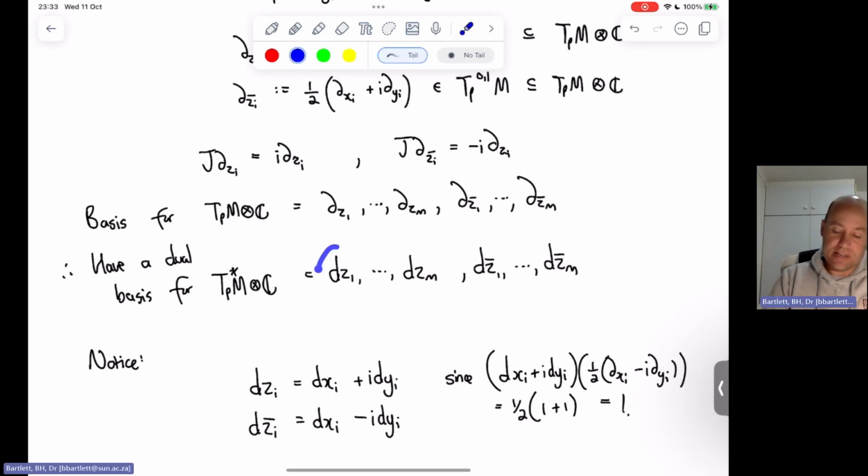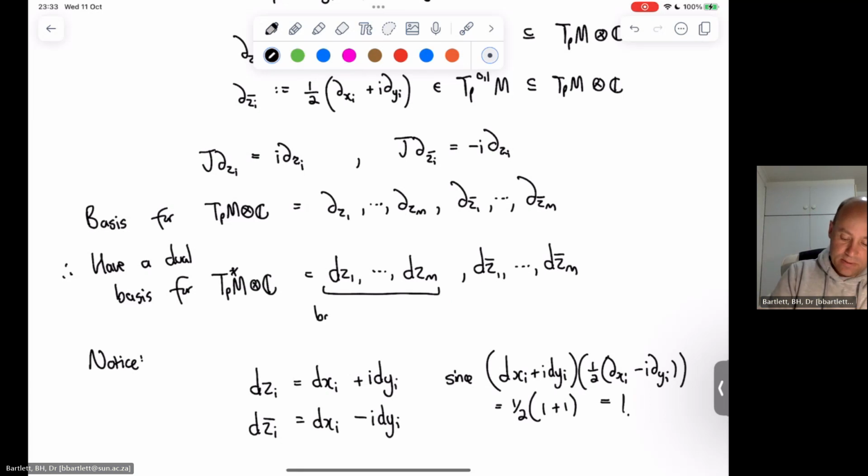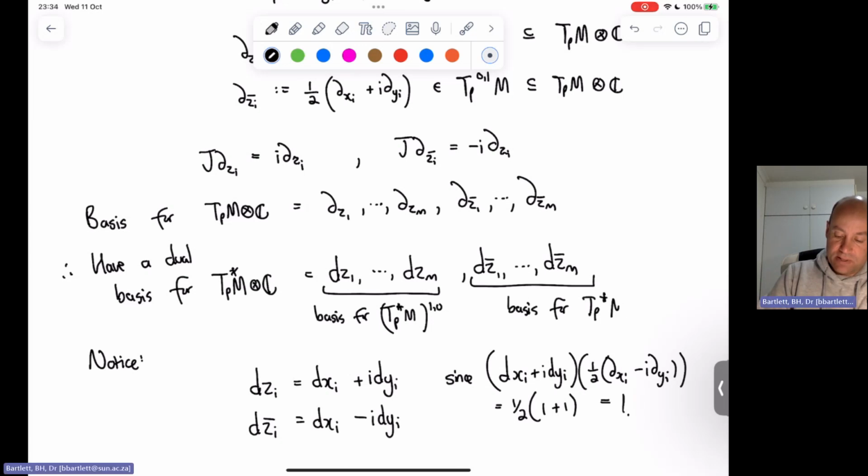These guys are going to be a basis for the 1,0 parts of the cotangent space, and these guys are a basis for the 0,1 parts of the cotangent space.